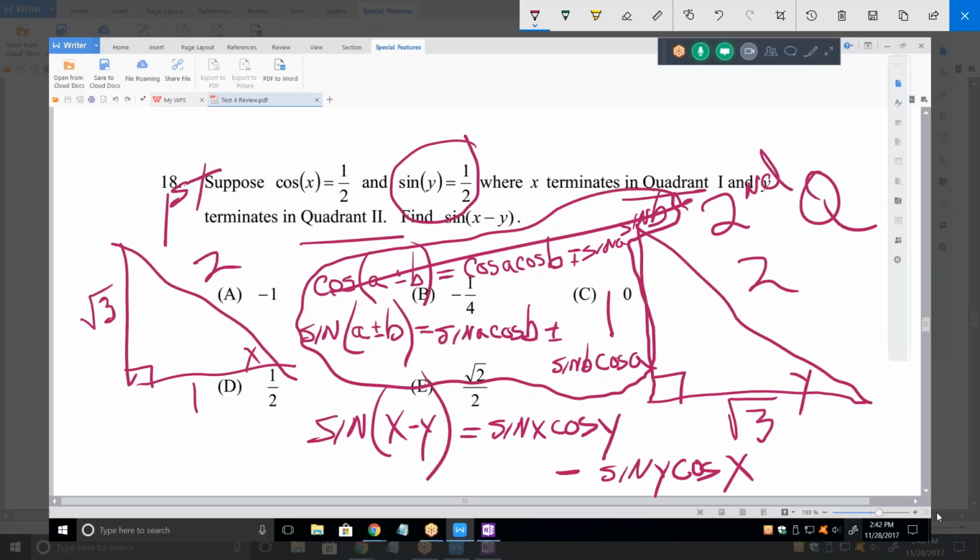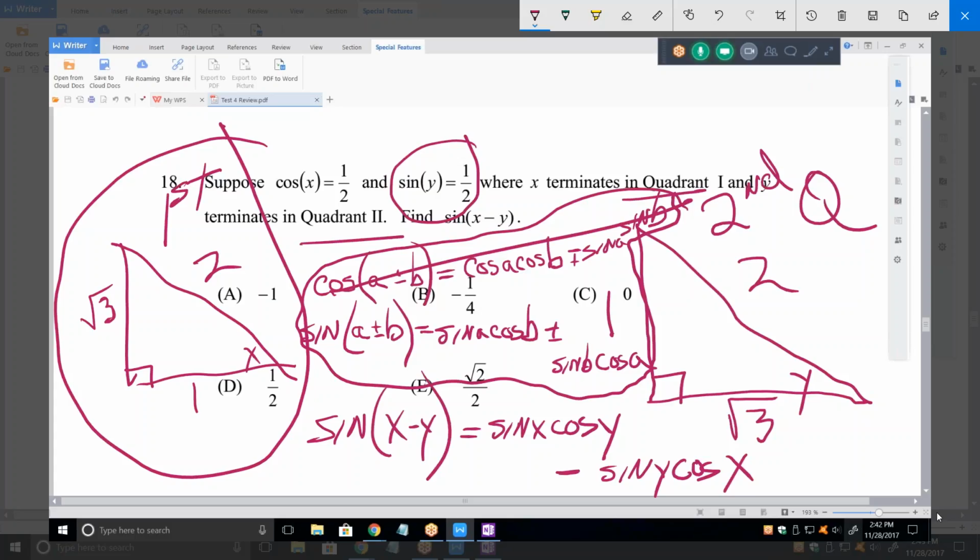What's the sine of x? Get this triangle over here. It's square root of 3 over 1. Or no, square root of 3 over 2. Plus or minus? Plus. Because it's in the first quadrant.